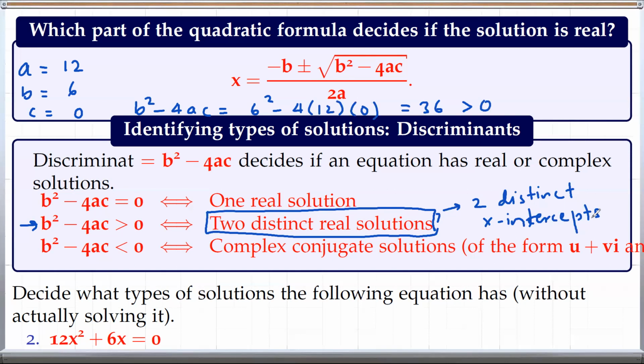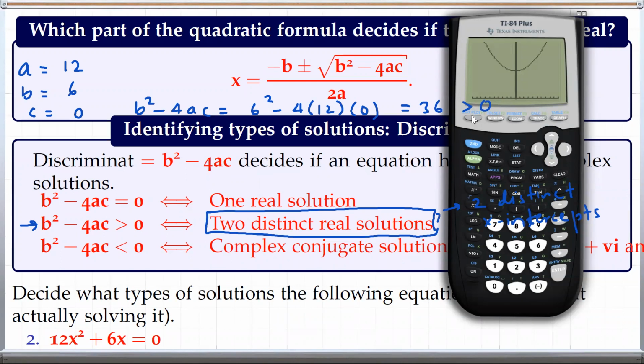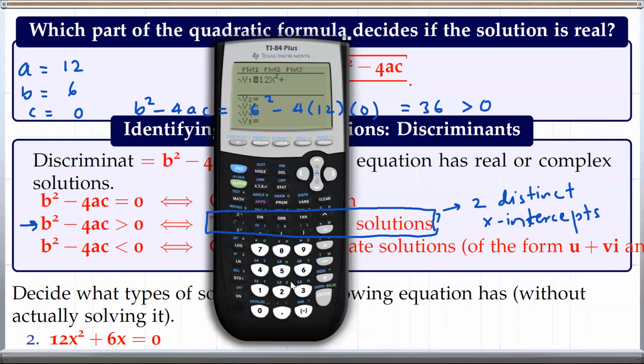So let's quickly confirm that. Again, go to y equals, and let's clear this graph, and we will enter 12x squared plus 6x, and then hit graph.